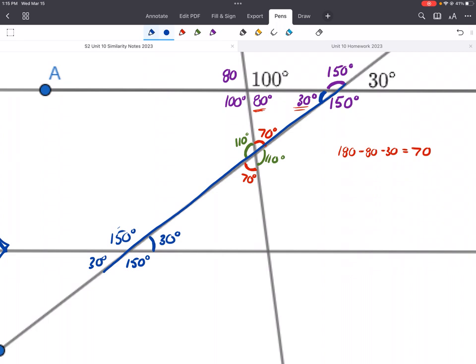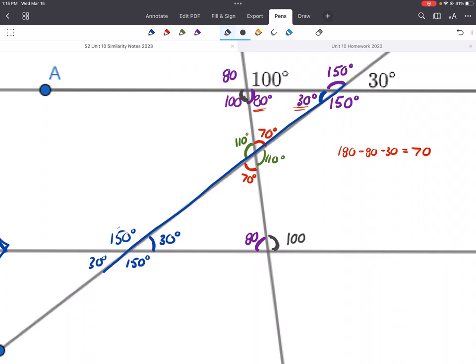And then we'll do the same sort of thing for these angles. Again, we have alternate interior angles, so this is the same as this angle. So this is 80. And then this angle is the same as this angle, which is 100.